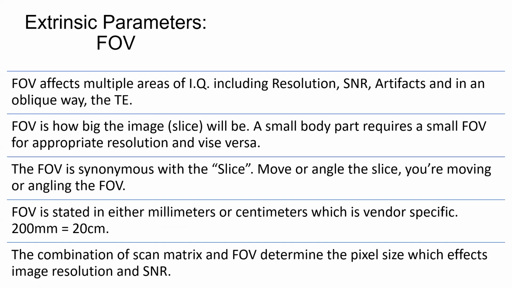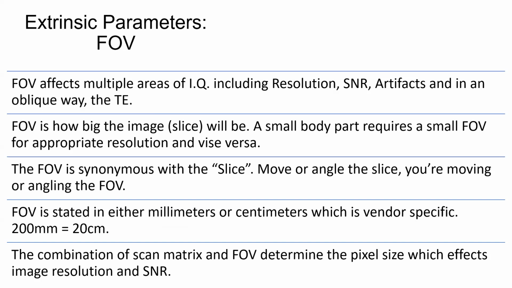The field of view comes from the frequency encoding gradient. If you go to a small field of view, let's say from 400 to 200, you're making that frequency encoding gradient work harder.